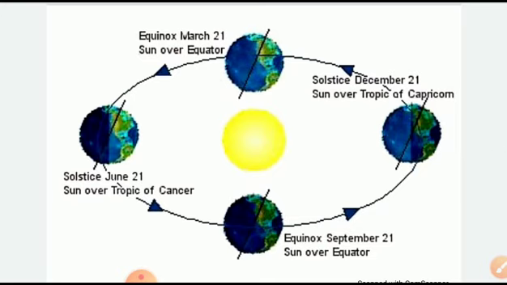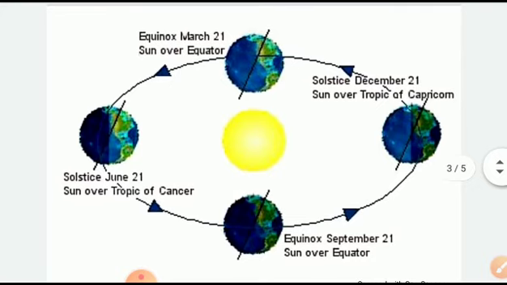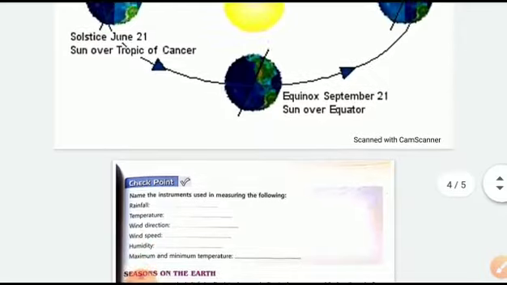On June 21, when the Sun is over the Tropic of Cancer, the northern hemisphere has summer. June 21 is the longest day and December 21 the shortest day. In June, July and August the northern hemisphere has summer, whereas the southern hemisphere has winter. In this way we have different climates and seasons.